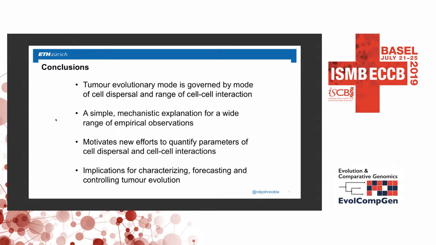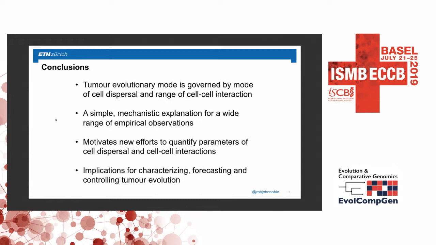There are a lot more results I've got from this model, which I don't have quite time to talk about now, but the main conclusion I want you to take away is that tumor evolutionary mode is plausibly governed by the kind of spatial structure within tumor types.